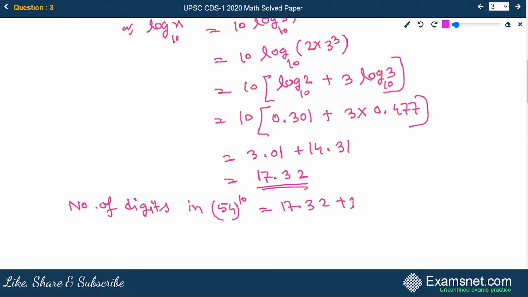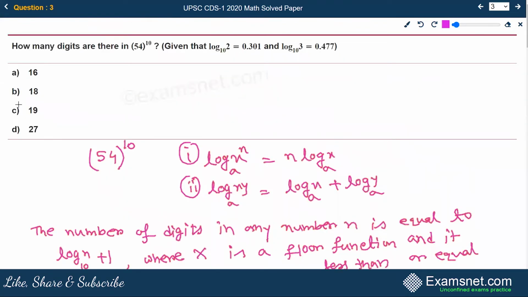Now I will only consider the integer part, that is 17 plus 1, so 18. The number of digits in the result will be 18. Option B is the correct answer.